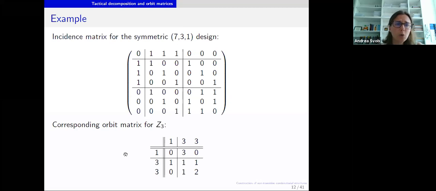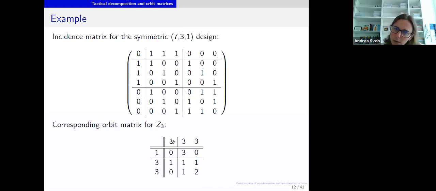Okay, so how will we get an orbit matrix? We will get an orbit matrix if we are counting the number of points which are incident with a representative of the block from the block orbit. So here take a look at this corresponding orbit matrix.